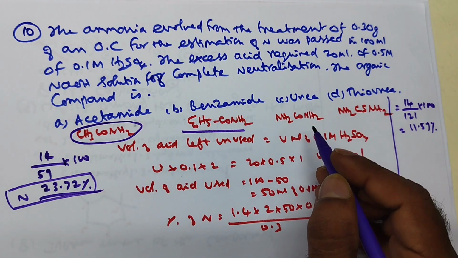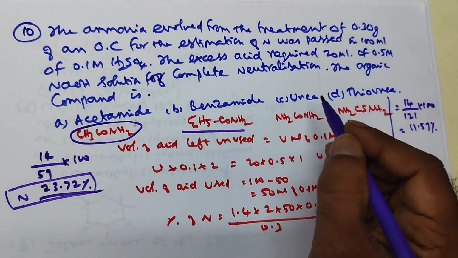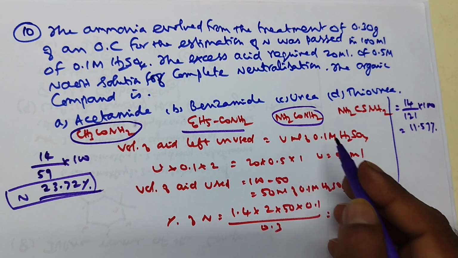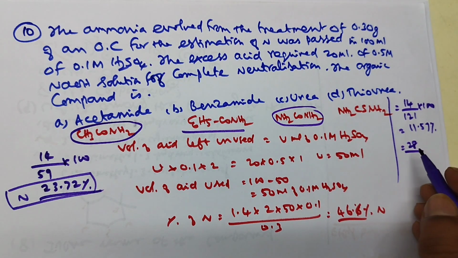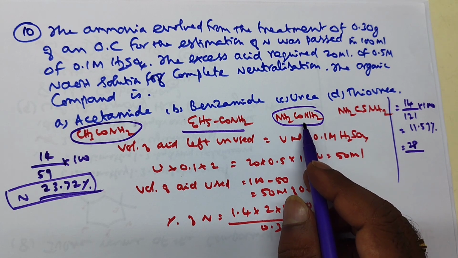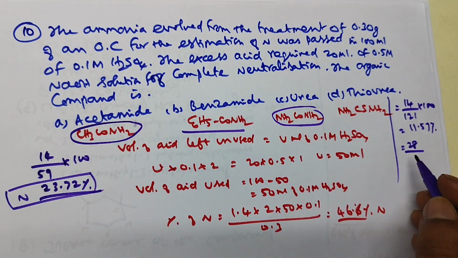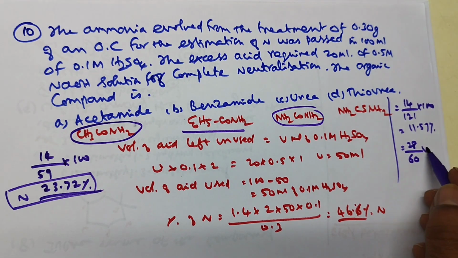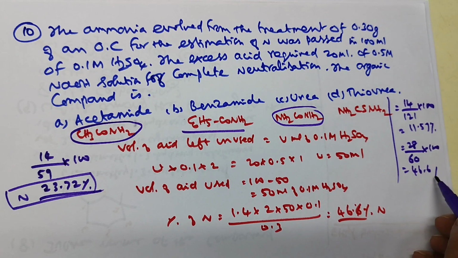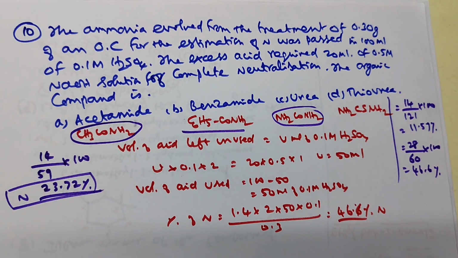Now for urea, there are 2 nitrogen atoms, so you put 28 divided by the molar mass: nitrogen 14 plus 4 is 18, then carbon is 12, so 30, then oxygen 16, so 60 is the molar mass, into 100. That is 46.6%. And for thiourea, if you work it out, it will be 36.84%. So the exact answer is urea.